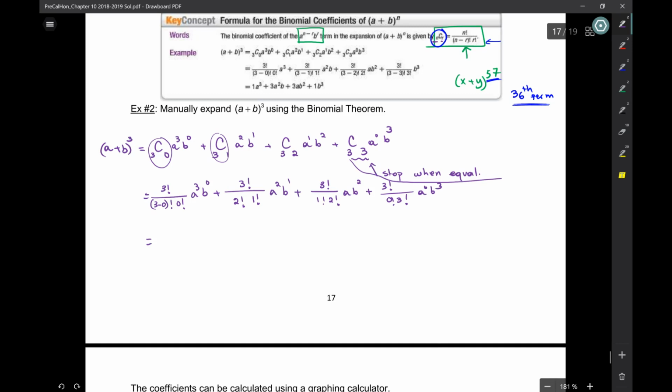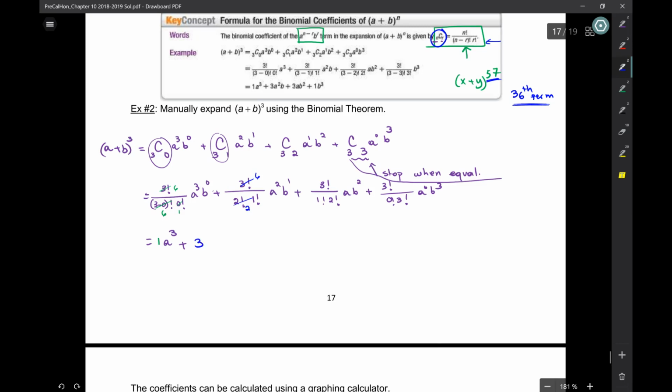Okay, so what do we have here? Here we have 3 factorial. We just said that that one was 6. Over 3 factorial, that's 6. Over 0 factorial, that's 1. So that's just a 1. a cubed, b to the 0 is just 1. Plus, here I have 6 over 2 factorial is 2.